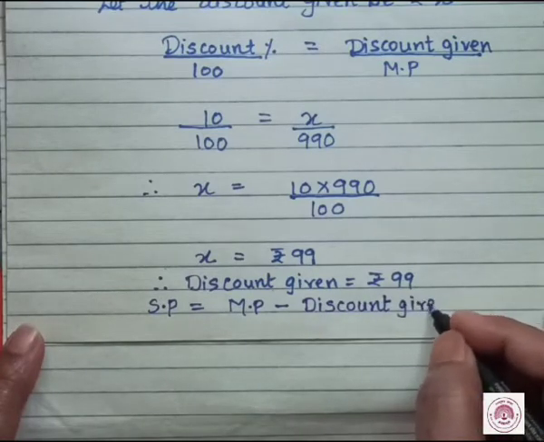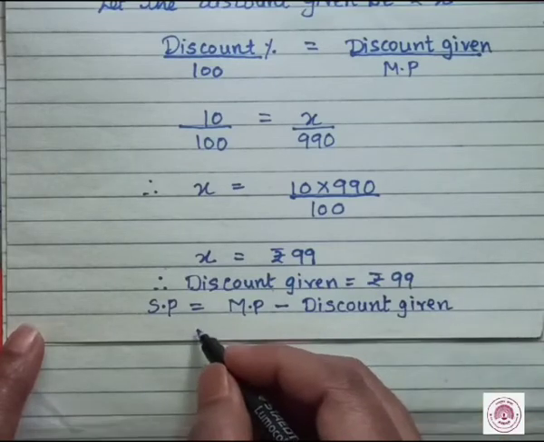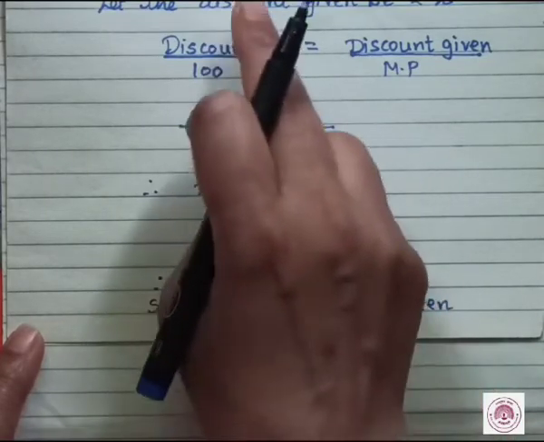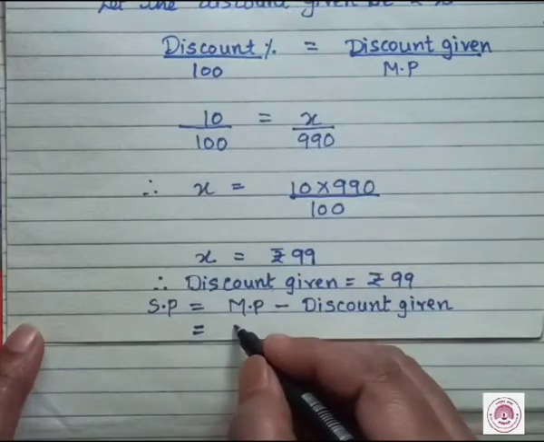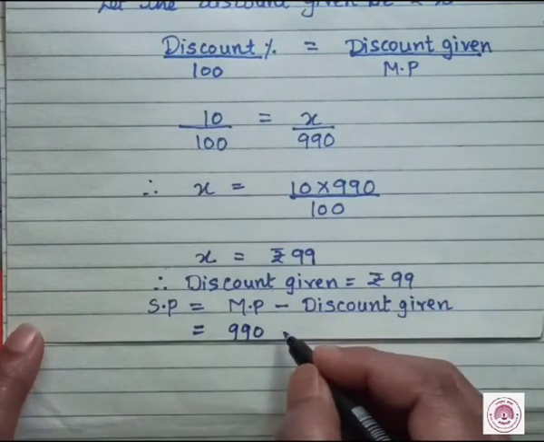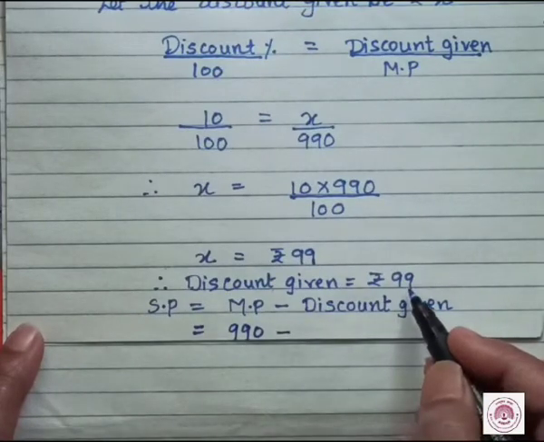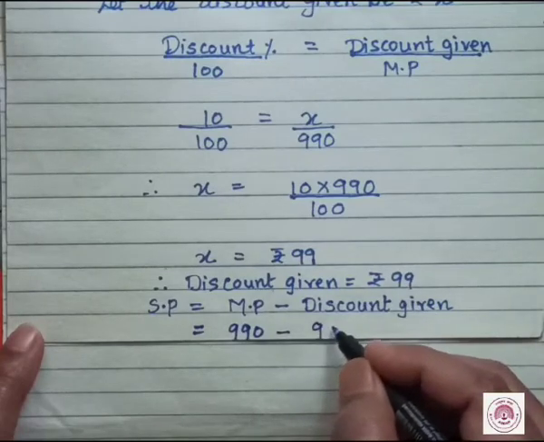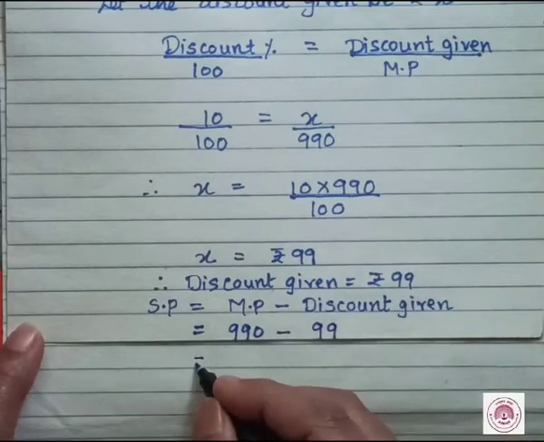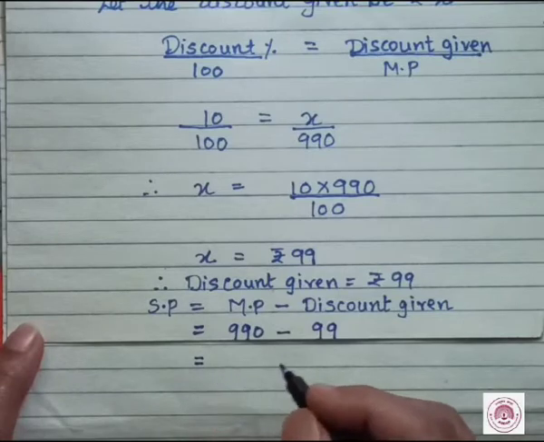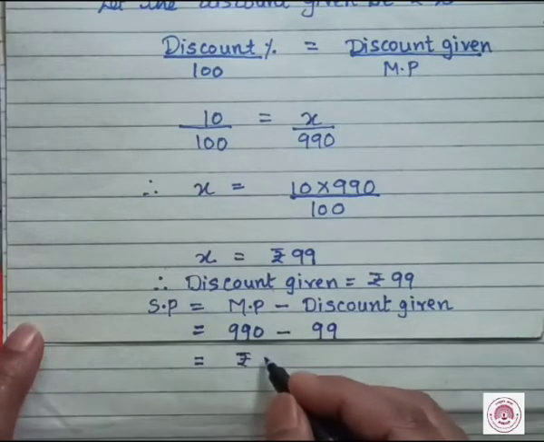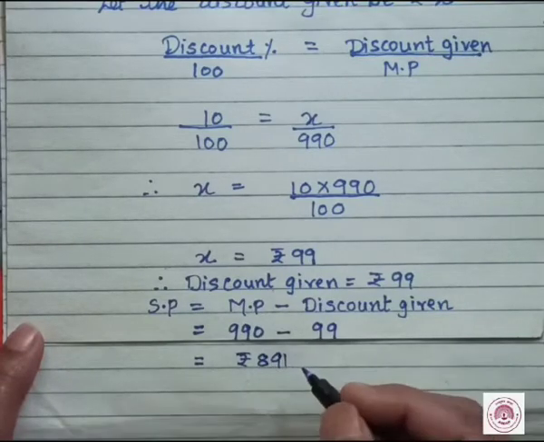Discount given. Okay, so let's substitute the values. Marked price is rupees 990. So 990 minus discount given is rupees 99. So minus 99, which is equal to rupees 891.